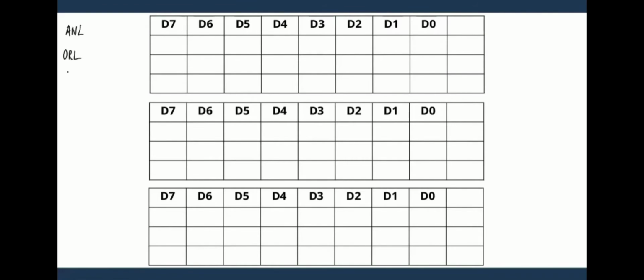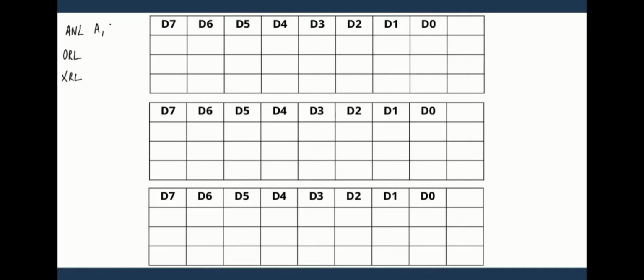8051. We have ANL, ORL, XRL operations in 8051. ANL means ANDing, with the first operand always being A, the accumulator register or CPU, and the second operand can change.